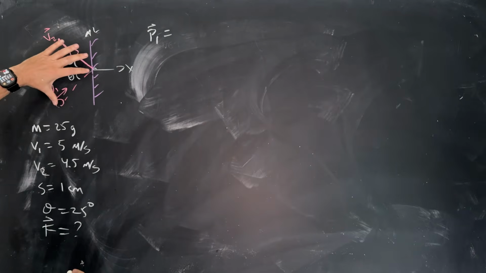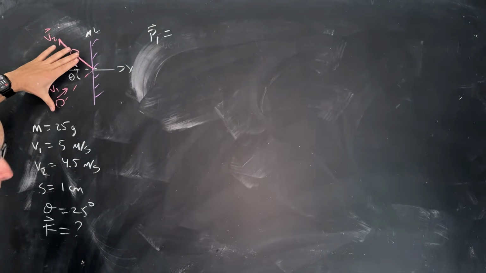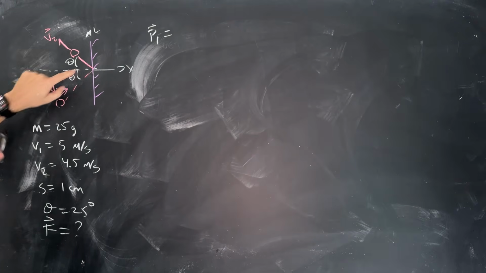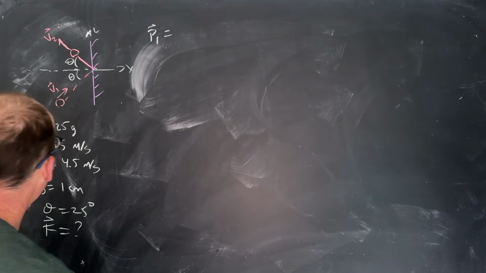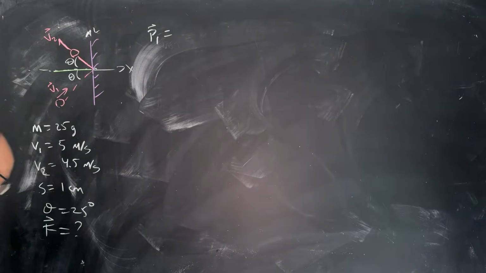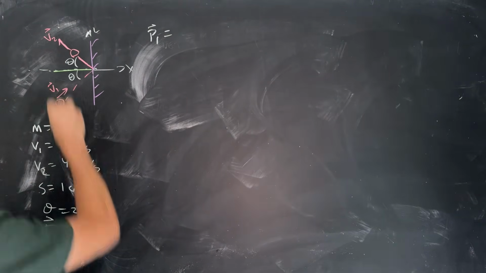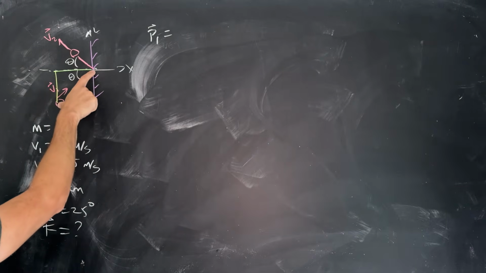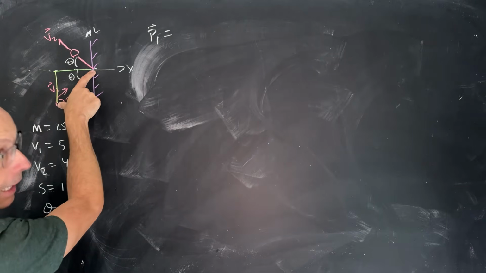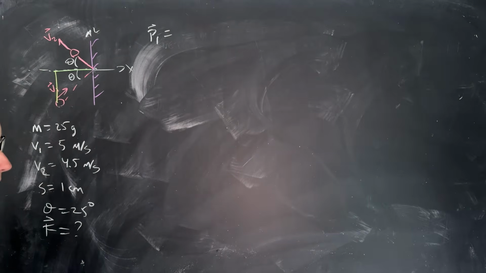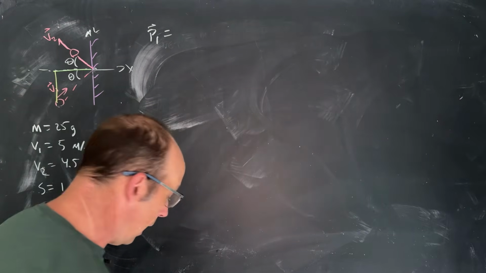I know the value of the velocity magnitude and I know the mass, but I need to find the components of that. So here we have a right triangle. There's my x component of momentum, and there's my y component of momentum. My hypotenuse is going to be equal to the mass and velocity. So the x component is going to be cosine theta, and in this case it's in the positive x direction.